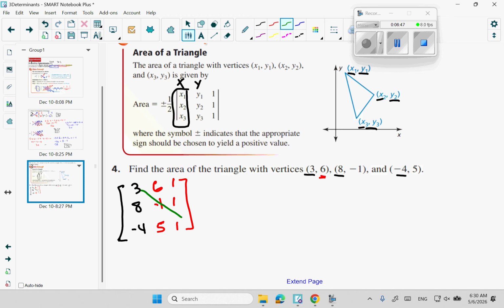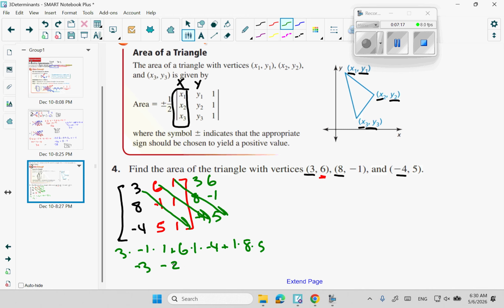Oh, shoot, we of course need to rewrite the first 2 columns. So 3 times negative 1 times 1, 6 times 1 times negative 4, 1 times 8 times 5. 3 times negative 1 times 1 is negative 3. 6 times 1 times negative 4 is negative 24. 1 times 8 times 5 is positive 40.